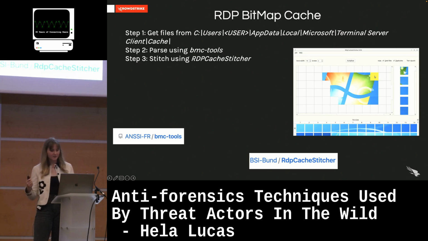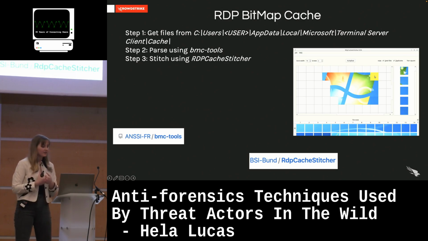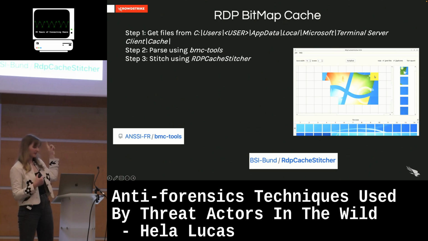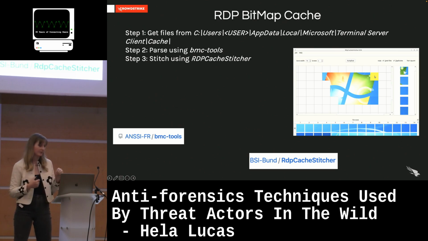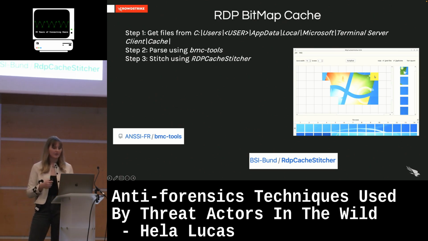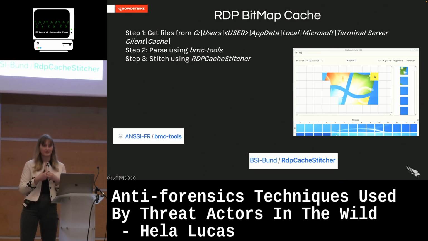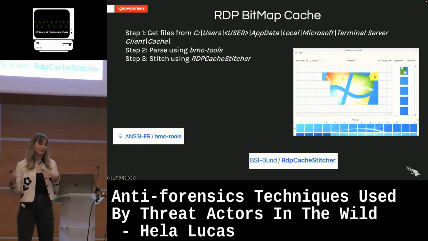Anyway, RDP bitmap cache. There is a bunch of files at that location listed in step 1. These files are generated when you have an RDP session from host A to host B. They are the cache files, as the name suggests, of the RDP session.